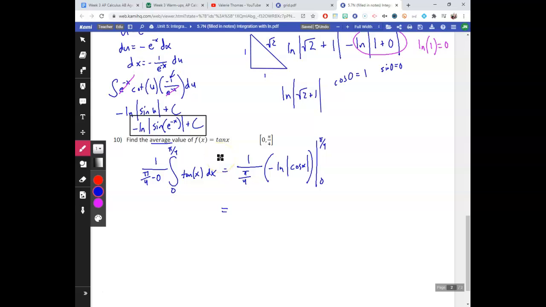So, let's finish this real quickly. 4 over pi, it's going to be negative, right? And we get natural log of, now I'm going to put this part in parentheses, cosine of pi over 4 minus natural log of cosine of 0.